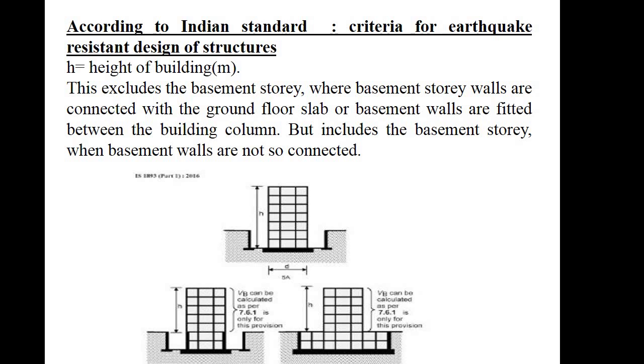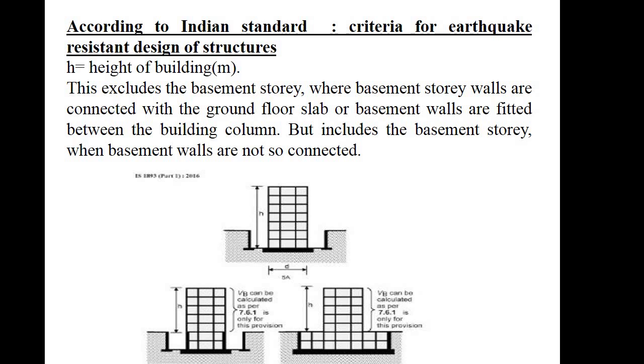As you can see in the first figure, the height of building is taken from the top of the rigid basement to the major portion of the roof, and the foundation or basement is open to the atmosphere.